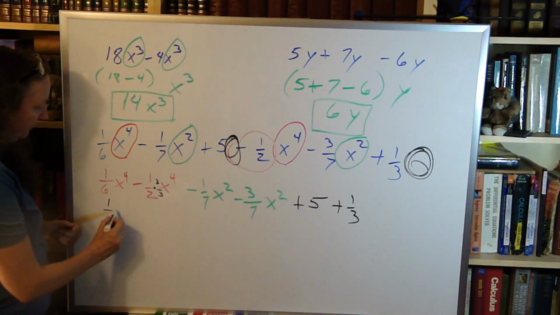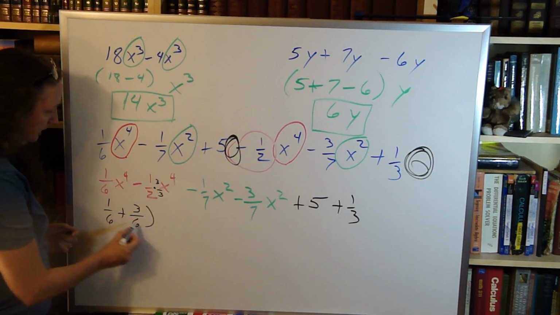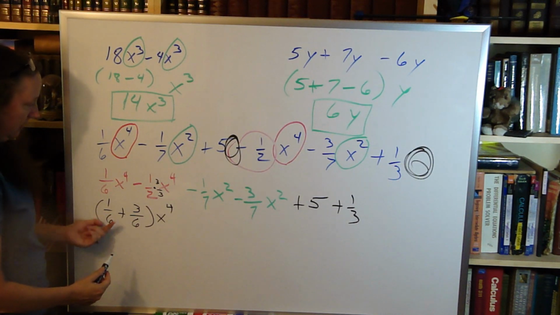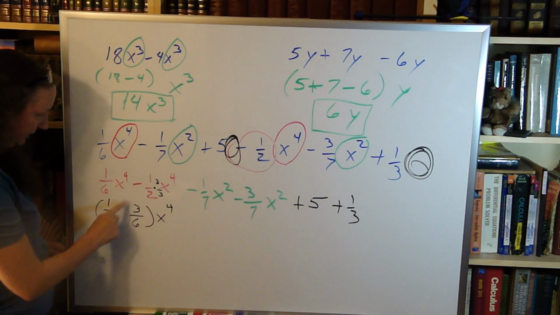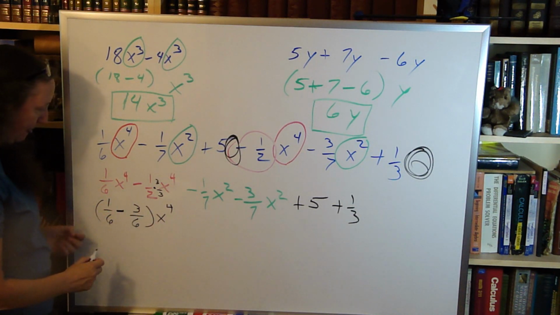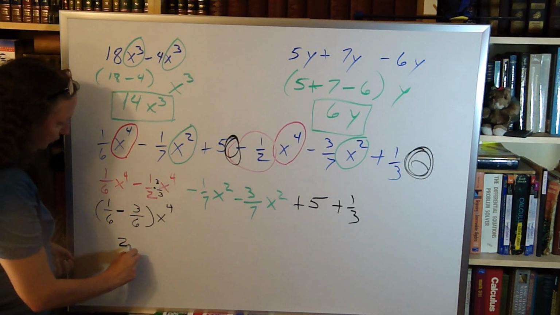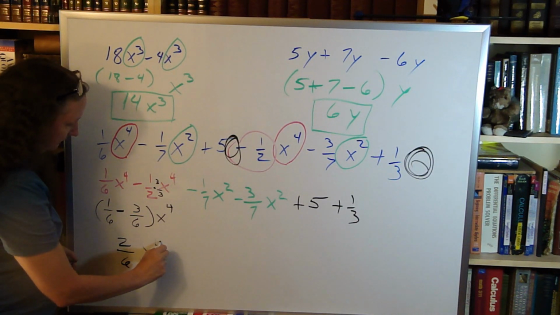So I have 1/6 plus 3/6 times x to the 4. And that is not plus, that is minus, because it's written as a minus there. Be careful when you do your math. 1/6 minus 3/6 is 2/6. And that has that x to the 4 on it.